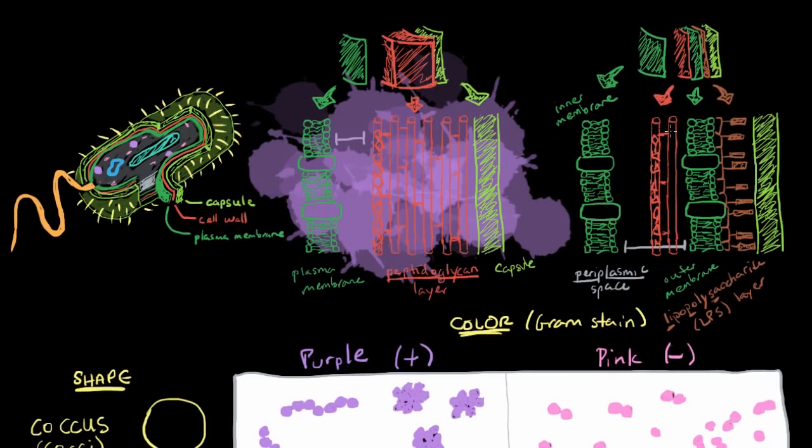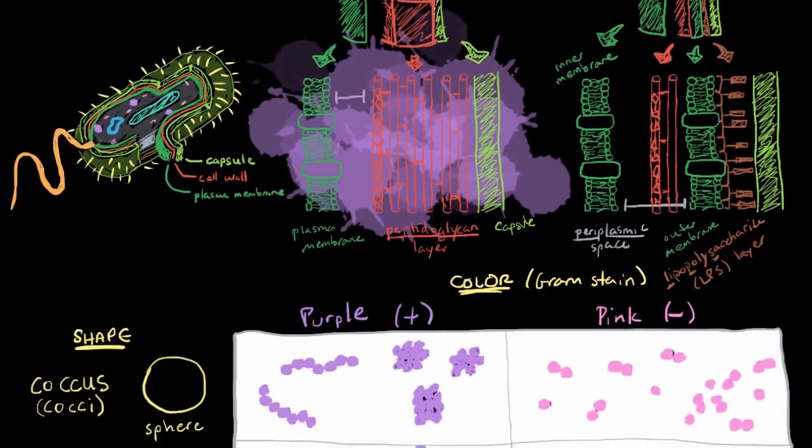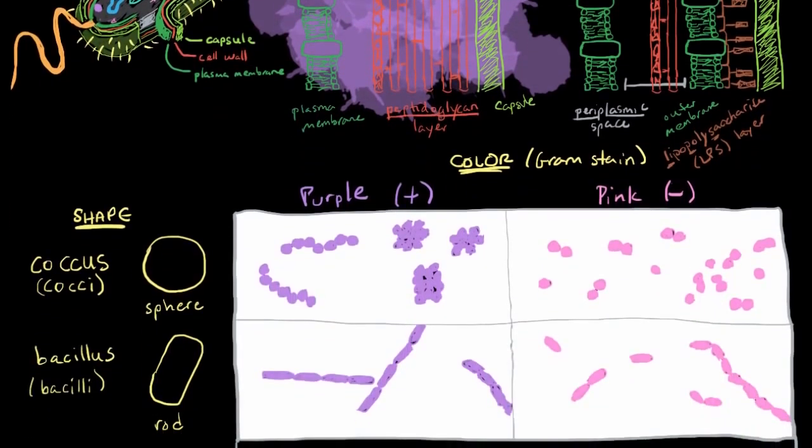And later they'll restain it with something called safranin, which isn't important, but they come in and restain this to make sure that you can see it and it's pink. So that's Gram-negative. But because this Gram-positive bacteria has this super thick peptidoglycan layer, it will keep its purple stain and it will stay purple.